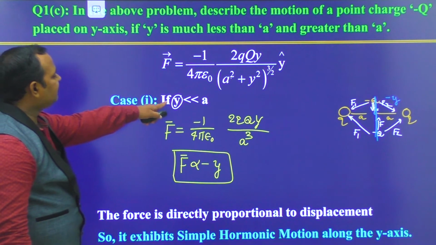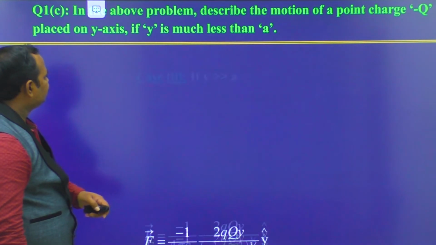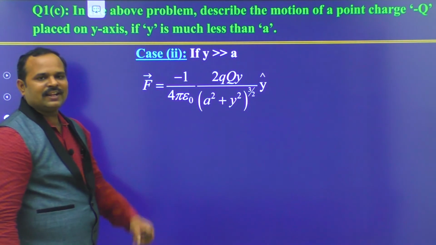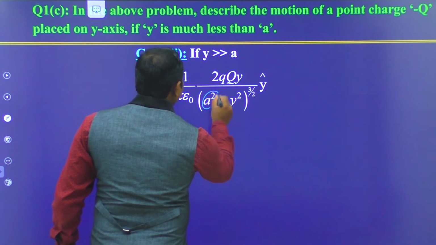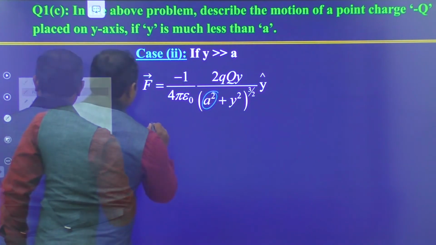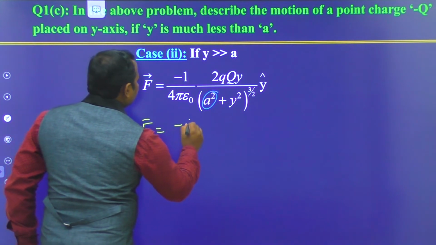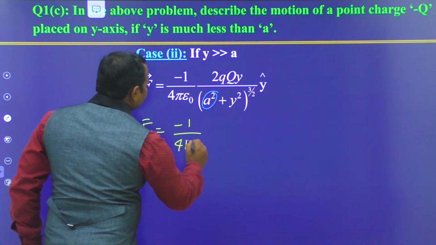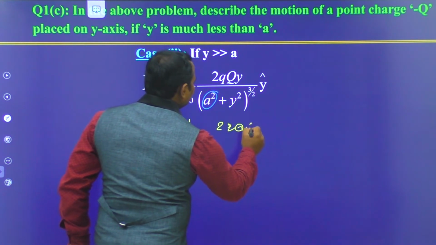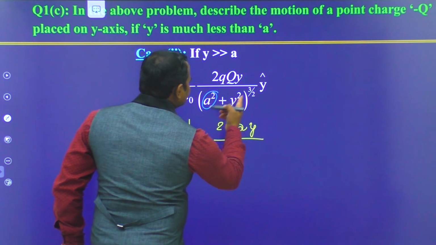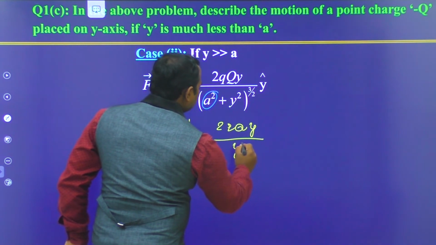Now, what happens if y is greater than a? If y is greater than a, then we can neglect the a value. Simply, we can write F bar is equal to minus 1 by 4 pi epsilon naught, 2q into y by y square whole power 3 by 2, which will be y cube.